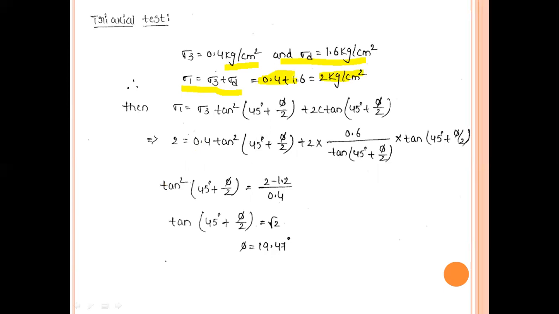So substitute sigma 1 value as 2 and sigma 3 as 0.4, tan square of 45 degrees plus phi by 2, plus 2 into 0.6 divided by tan of 45 degrees plus phi by 2, into tan of 45 degrees plus phi by 2.